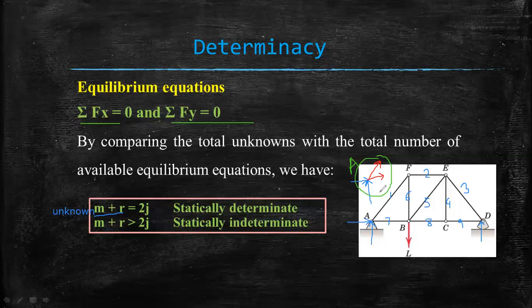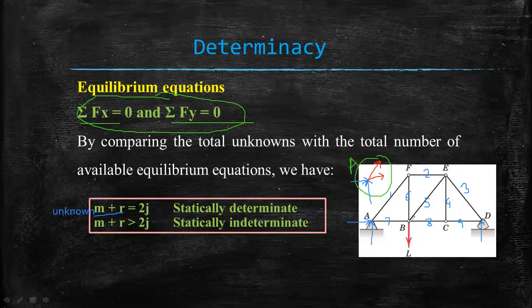So in the case of a truss structure, while we are analyzing, we have only two available equations at one single joint, that is sum of Fx equals 0 and sum of Fy equals 0. Now again, if we take out joint B, we will get another two equations.